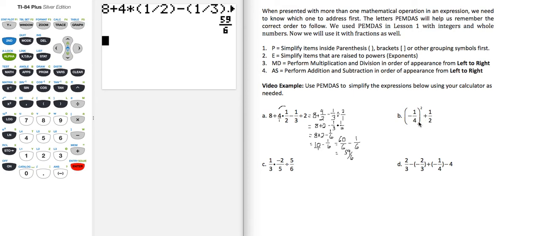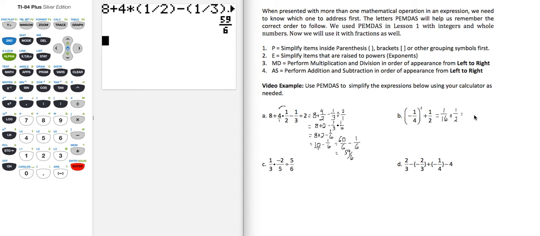Looking at part B, I have the quantity -1/4 squared plus 1/2. So PEMDAS tells me to address this exponent with the parentheses first. That means -1/4 times -1/4, that's going to be a positive 1/16 plus the 1/2 that's left over.